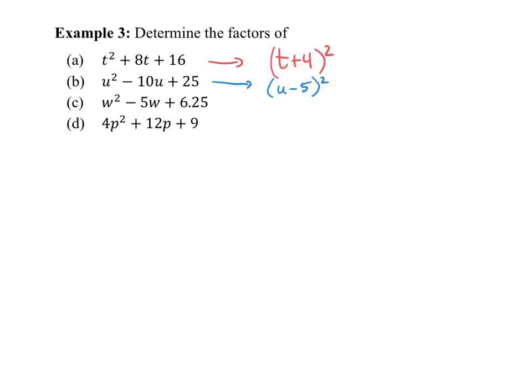Part C looks tough, but if we continue with the same pattern, it's not too bad. Any ideas for part C? Who knows their squares? What's 6.25 really? Some number squared is 6.25. What is that number?